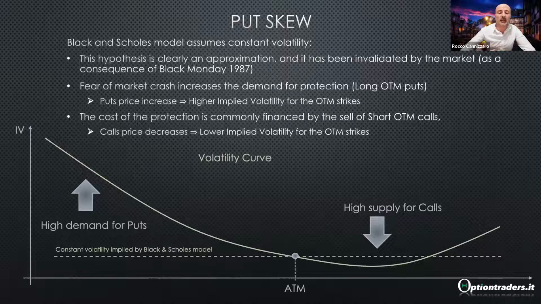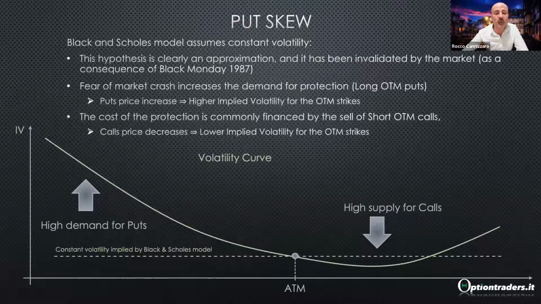The simplest way to protect yourself is to buy a put on the S&P, on the market, because if the market goes down, you get the protection from the put. So this creates an increased demand for puts, and when demand goes up, so does the price. The higher the demand, the higher the price, which means the price of puts is increased.